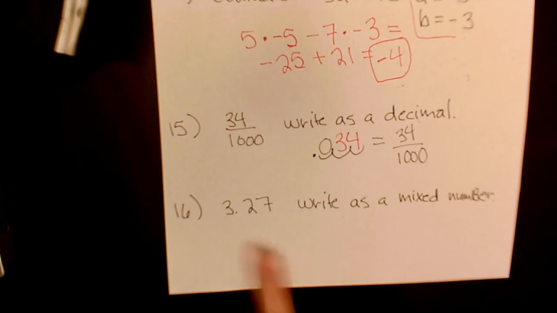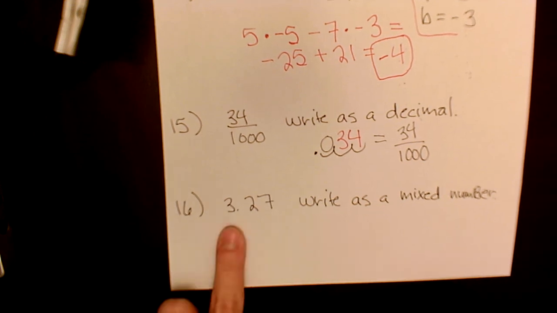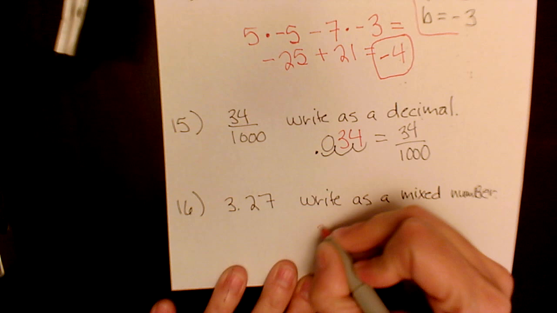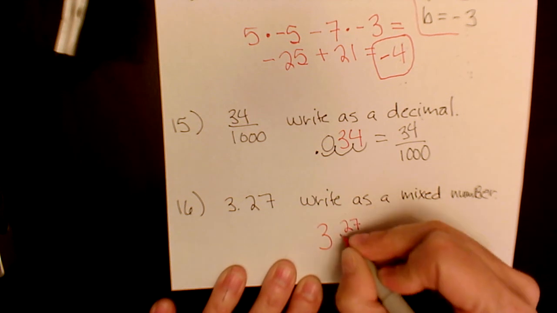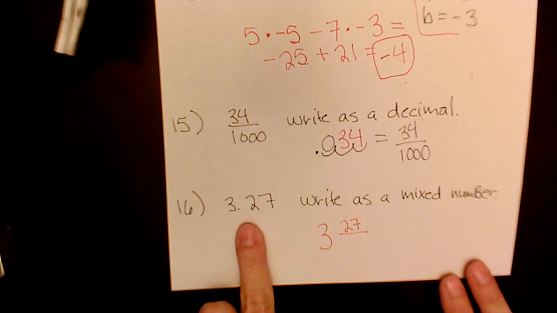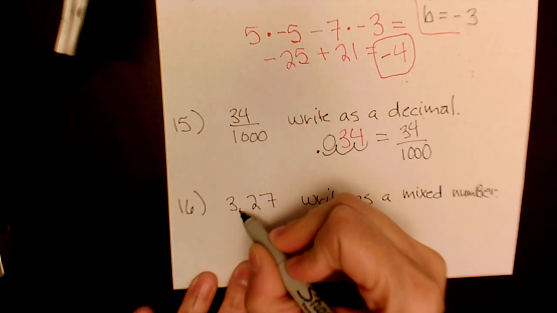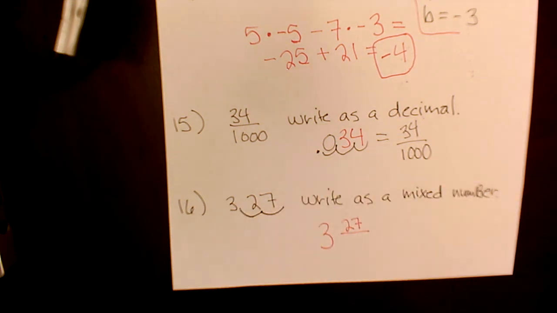Now for the last one, I want to write this as a mixed number. So 3 is just a regular whole number. It's going to stay the same. But 27, how many places is that out to? Let's count. 1, 2.